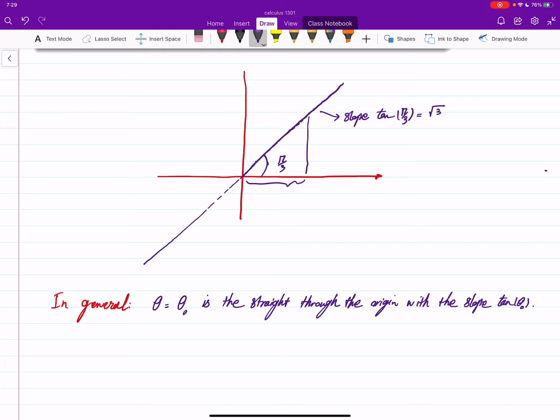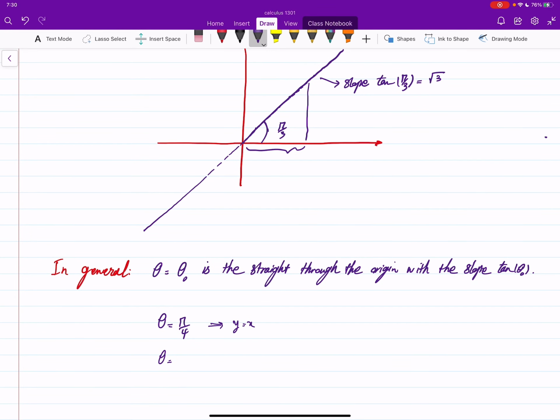If you're looking for a line with the slope 1, then this is theta equal to pi over 4, which is basically the line y equal to x. Theta equal to pi over 2 is x equal to 0, and so on.